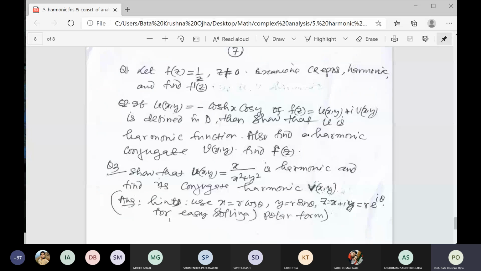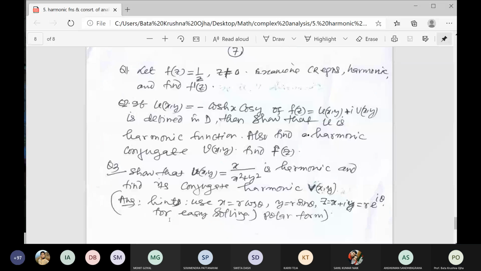If you take the derivative of sinh, it will be cosh, and derivative of cosh will give sinh. There is no negative sign. You see the difference. Derivative of cos x is minus sin x, but derivative of cosh x becomes sinh x. So apply the same procedure to prove this function is harmonic.